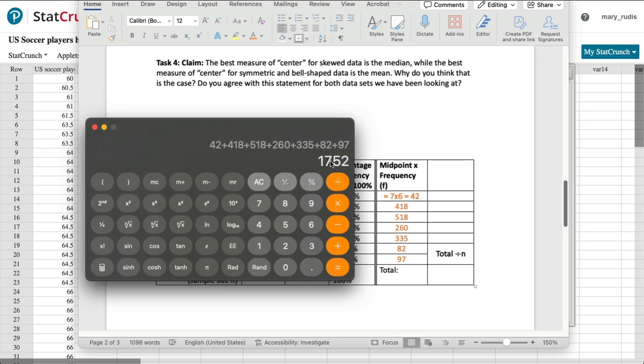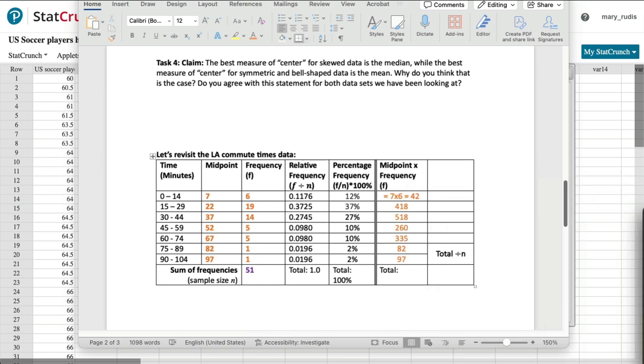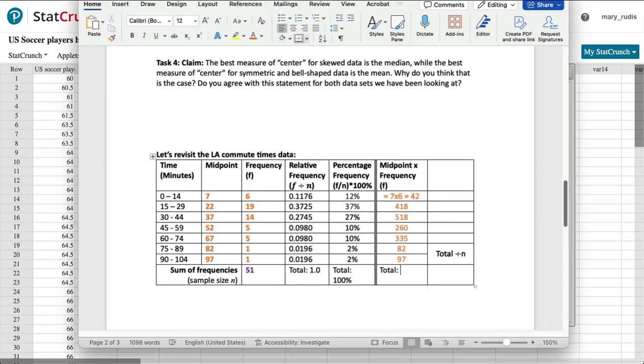So 1,752, and that goes in this line down here. So that is the sum of that column. I just did a column sum. And then over here, this is going to be my mean.